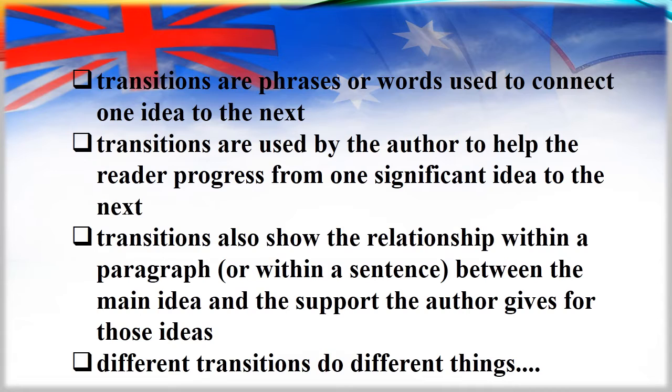Transitions are used by the author to help the reader progress from one significant idea to the next. Transitions also show a relationship within a paragraph or within a sentence between the main idea and the support the author gives for those ideas. Different transitions do different things.